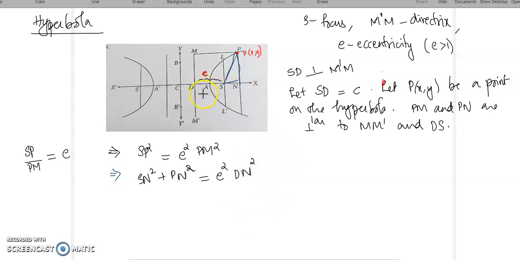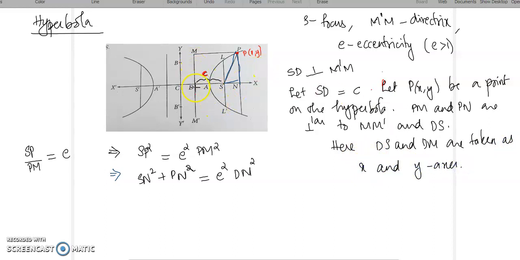Now let us substitute the values of SN, NP and DN in the equation. And here DS and DM are taken as X and Y axis. So now let us look at the value of DS and DM.